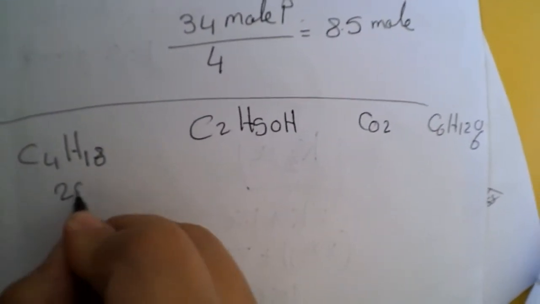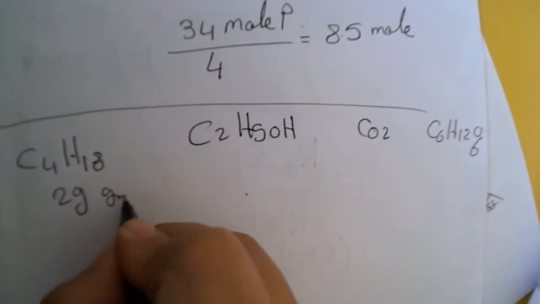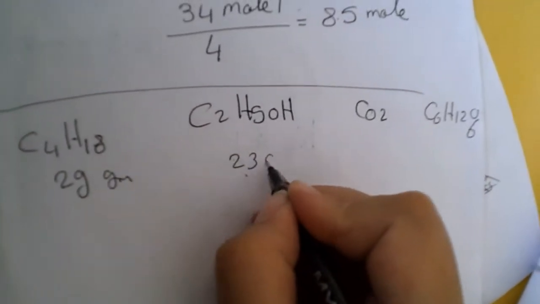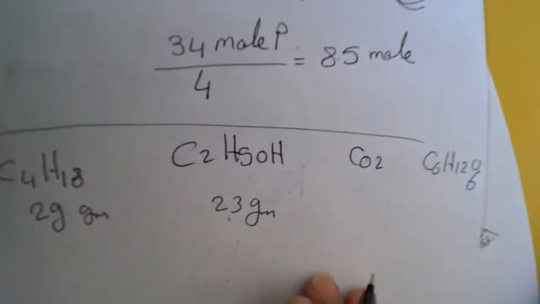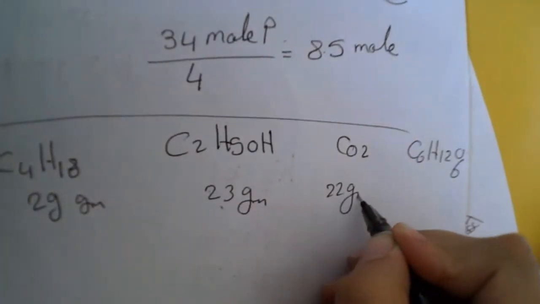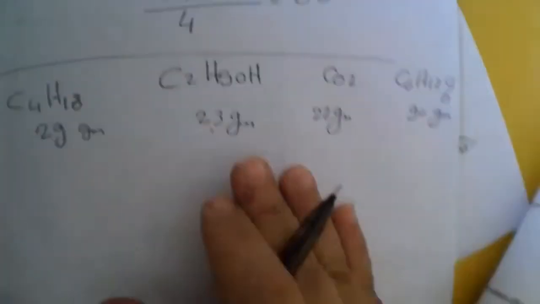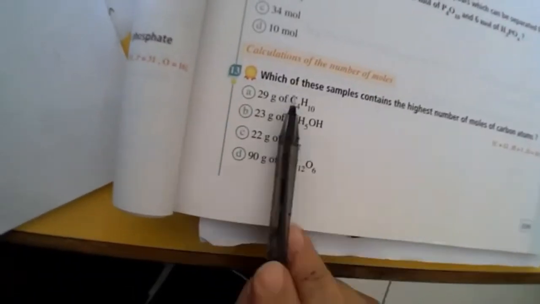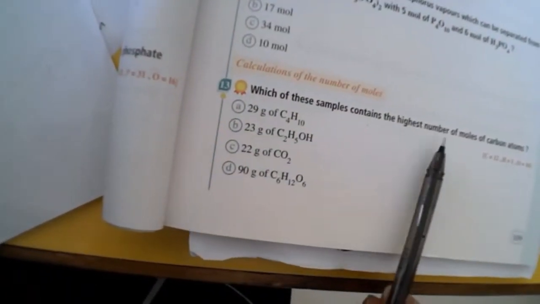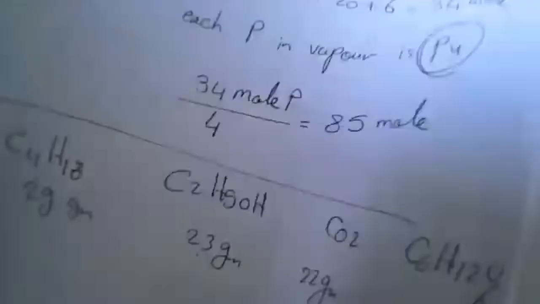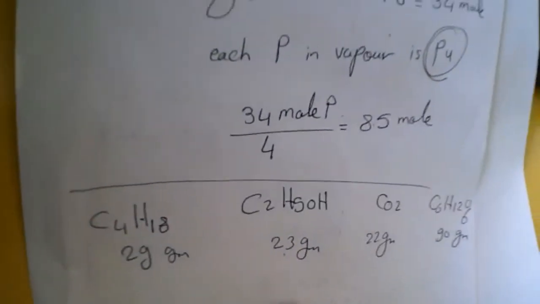We have here 29 grams, 23 grams, 22 grams, and 90 grams of this compound. We want to find which sample contains the highest number of moles of carbon atoms. So we have to find the total number of moles in each one of them.